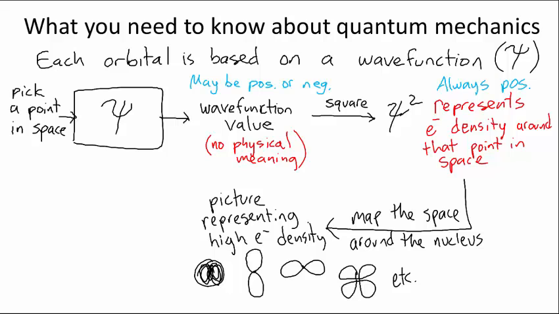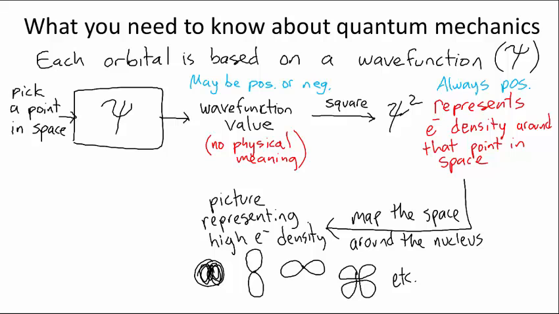So whether the wave function is positive or negative actually has no impact on the electron density. Negative 2 squared and 2 squared give the same electron density value.